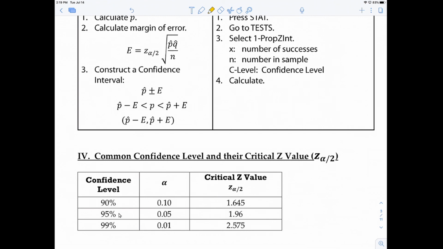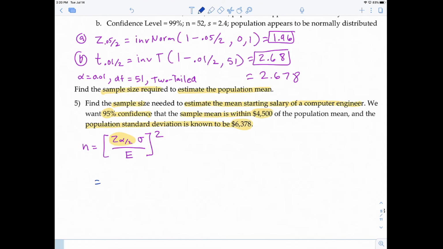We have 3 common confidence levels that we use in this chapter: 90%, 95%, 99%. And these are the critical values for them, for the z sub alpha divided by 2 critical value. So these values don't change. All right, so we're going to use one of those values, and I believe it was a 95% confidence level. So we're going to use 1.96. Okay, so that's 1.96 for the critical value.